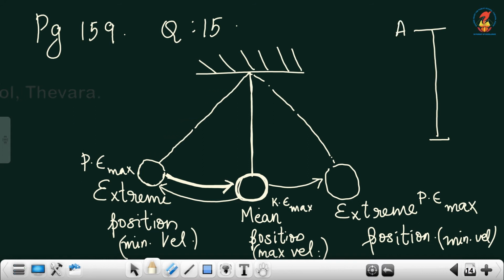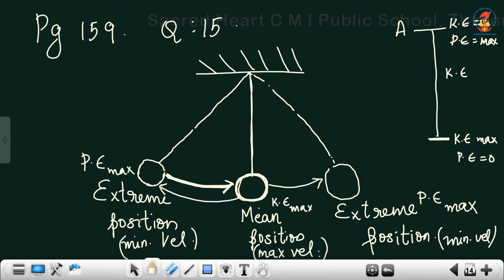At a height, kinetic energy is 0 and potential energy is maximum. When it reaches the ground, kinetic energy is maximum and potential energy is 0. Midway, kinetic energy will increase and potential energy will decrease by the same amount.